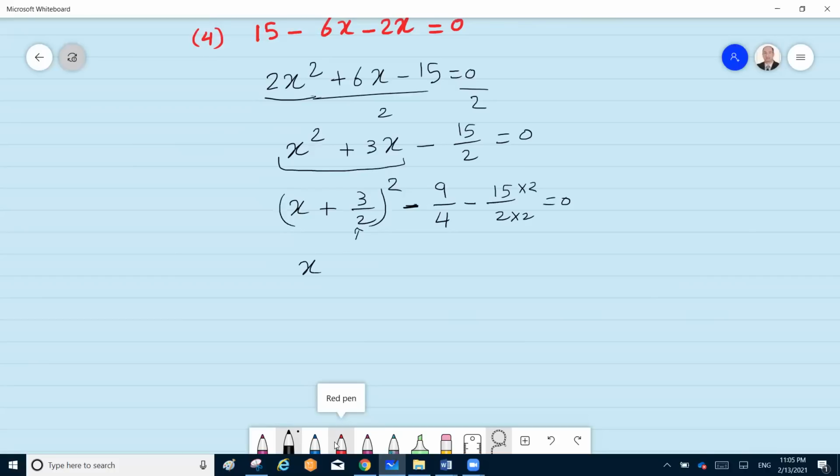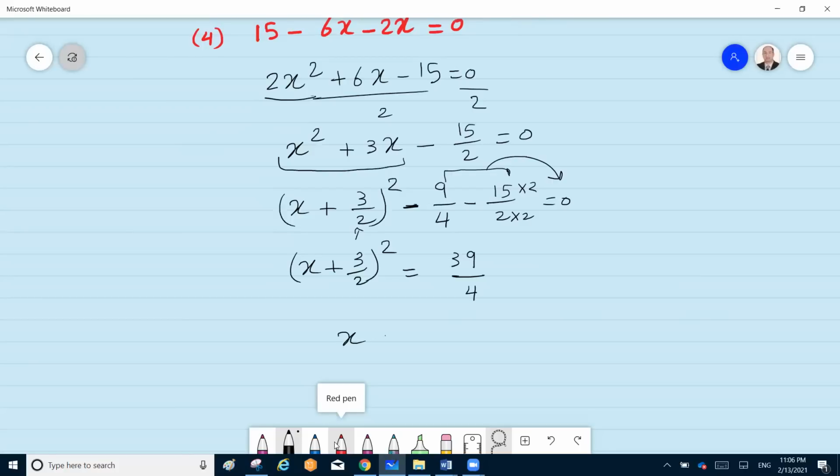So you have x plus 3 over 2 all squared is equal to, bringing these two terms together to the other side and changing the sign, you have denominator 4, and you have 2 times 15 is 30 plus 9, 39.